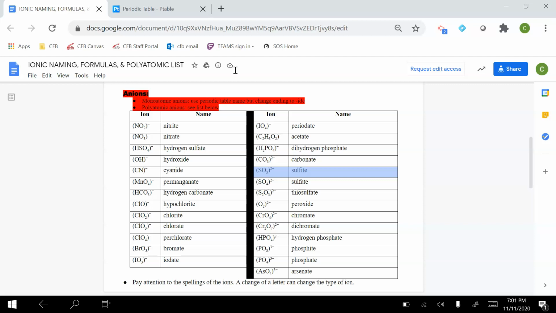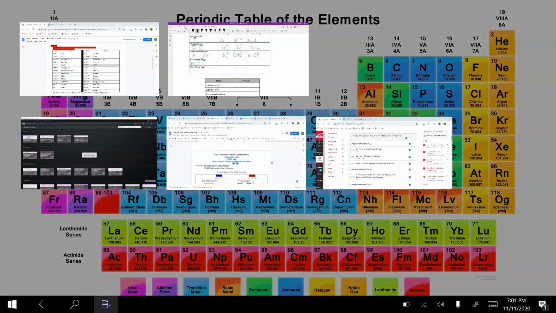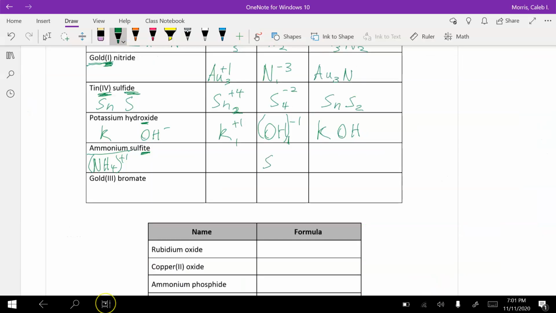This one is sulfite, and it's SO3 with a -2 charge. SO3, let's put that all in parentheses. It's got a -2 charge. And then we have NH4 in parentheses with a positive 1 charge. Crisscross, I'm going to have a 1 over here and a 2 over here. That makes it (NH4)2SO3.